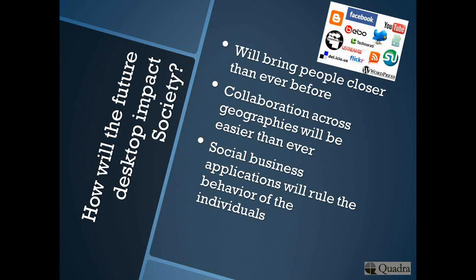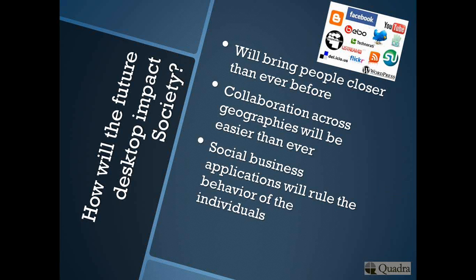And not only that, both of us can work on the same file at a time, whether it's an image file or an office file, a spreadsheet or a document or a presentation. We can work on the same file at a time. That's going to be the future of the applications that we will be using. So collaboration across geographies is going to be easier than ever.